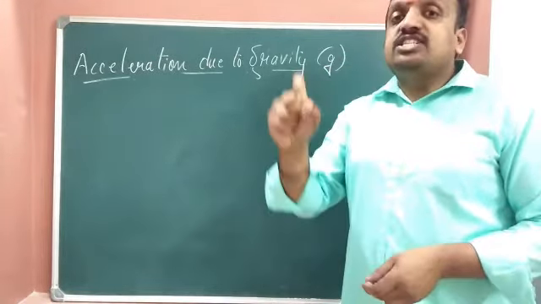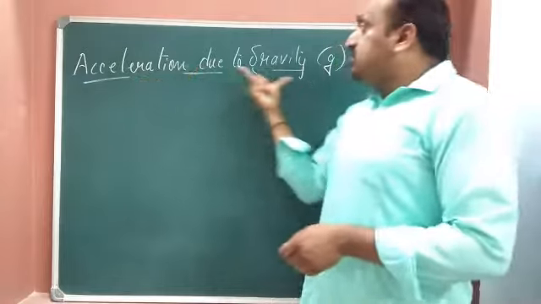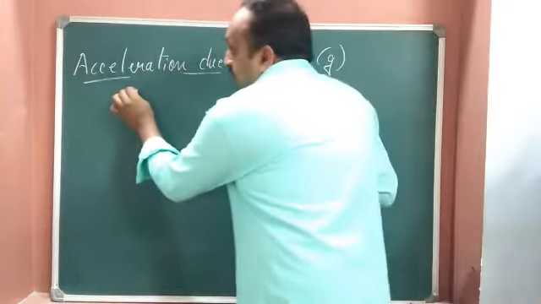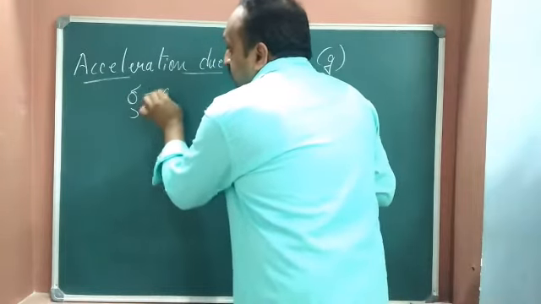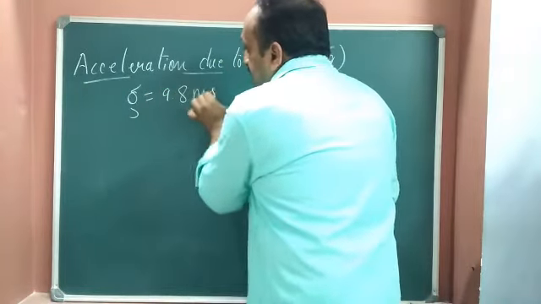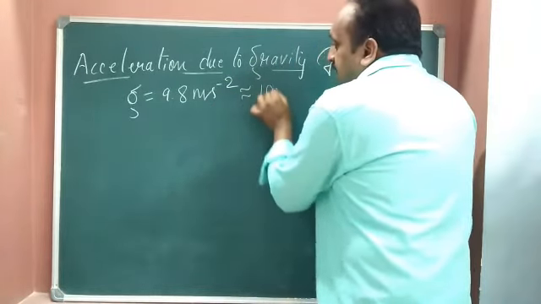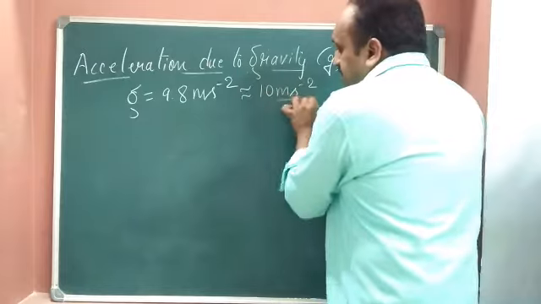That acceleration is called acceleration due to gravity. For earth, the acceleration due to gravity g is equal to 9.8 meter per second square, and very nearly equal to 10 meter per second square.